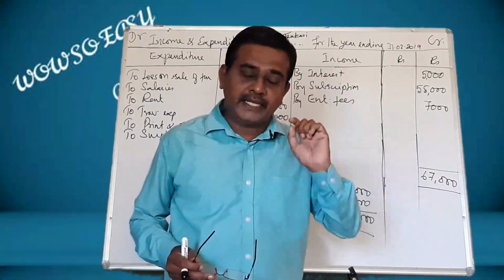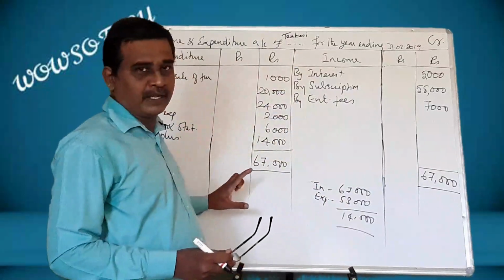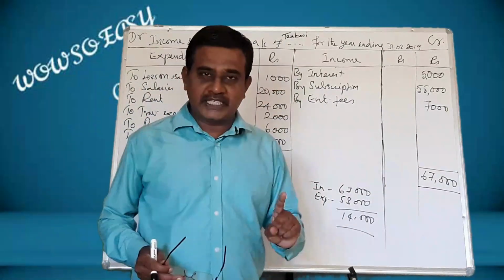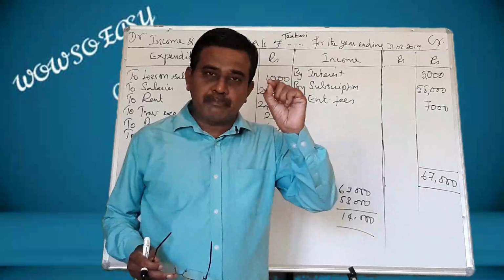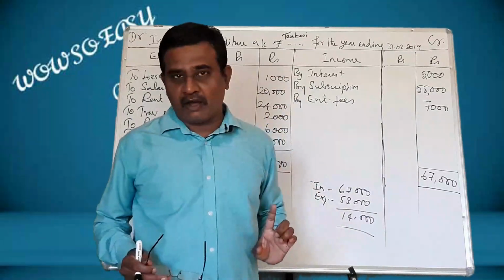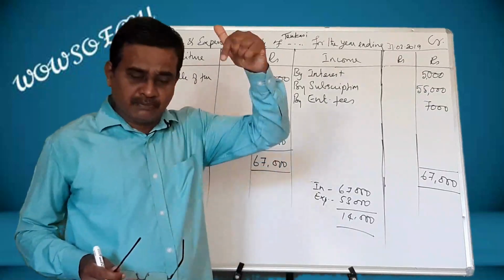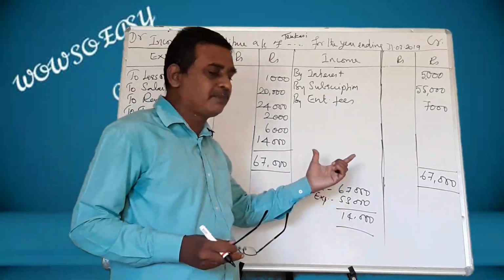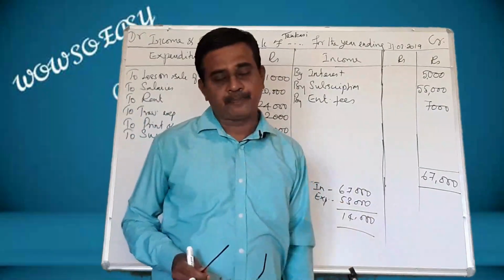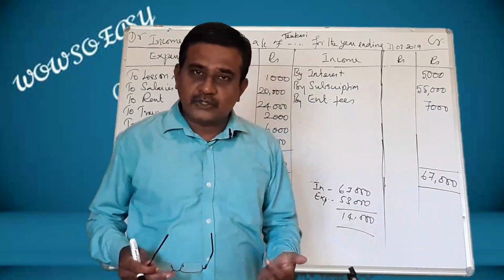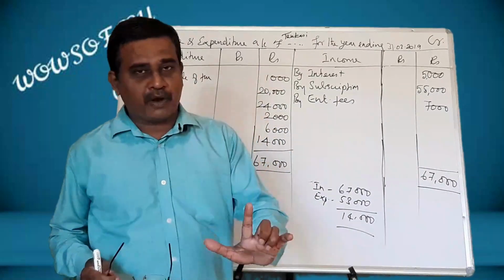Only revenue items alone should be brought here. And another thing you have to see is whether that amount is meant for that particular year or not. If that amount is meant for that particular year, that should be brought here. And another thing, if any asset is sold, see whether there is any profit or loss.